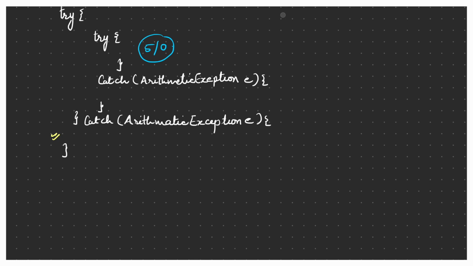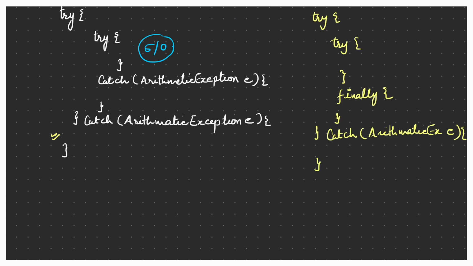Now let's see what happens if there is no inner catch block. Let me modify the code. We have an inner try block, but there is no catch block corresponding to it. So what will happen? An arithmetic exception will occur, and it will search for the nearest catch block.